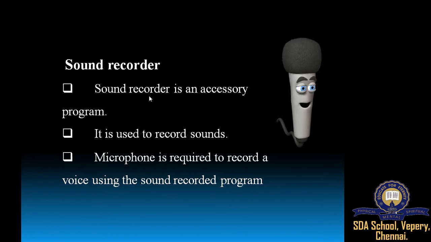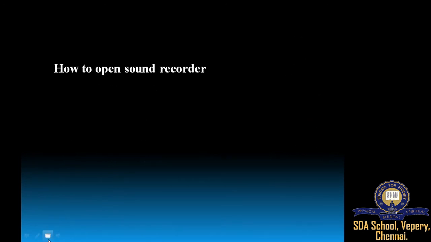This is the main source in sound recorder, the microphone. Again, I will explain. Sound recorder is one of the accessory programs, it is used to record sounds, and a microphone is required to record a voice using the sound recorder program. Then how to open a sound recorder?